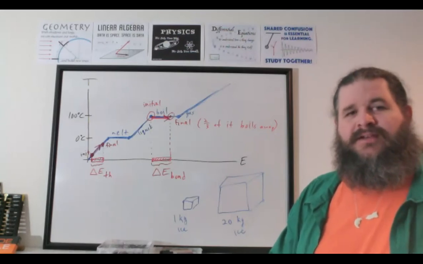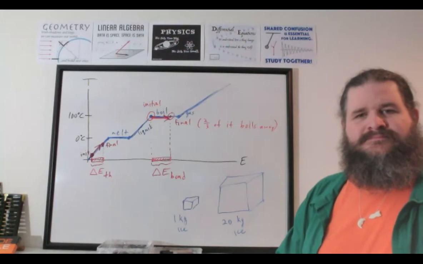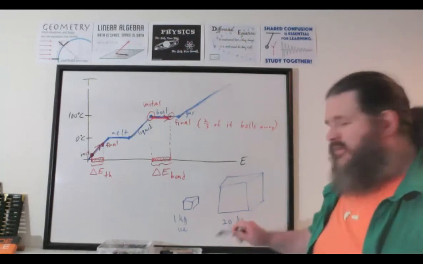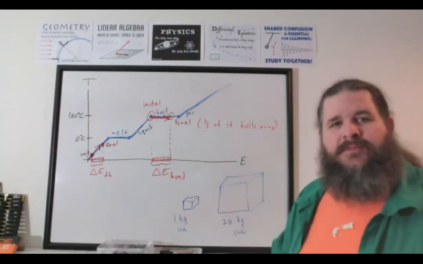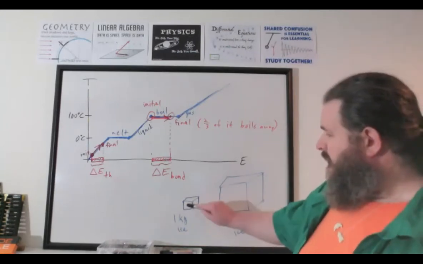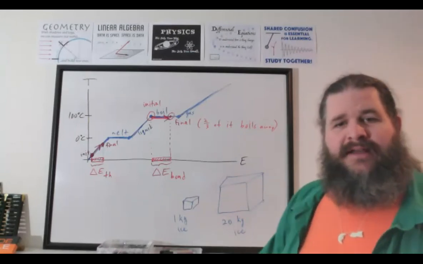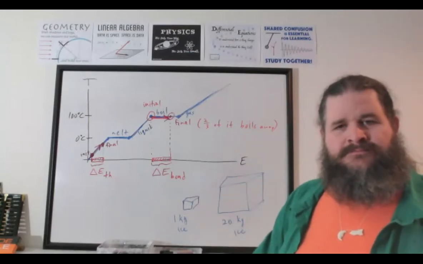That is, which one's going to take more energy to melt? Yeah, the more massive it is, the more energy it's going to take. And specifically, how do you think those delta E's are related? If you want to melt this whole thing and also melt this whole thing, how much more energy would it take, would you expect?